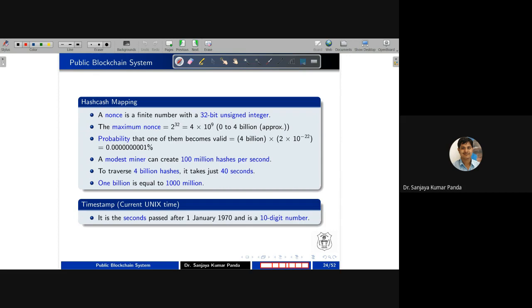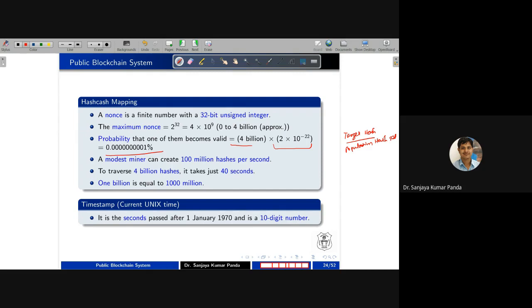So if you calculate the probability, it is 4 billion multiplied by, if you remember, the target divided by the population that we have already calculated. There we got the value 2 into 10 to the power minus 22. If you multiply with 4 billion, you get the probability. So you can see the probability is very, very less.